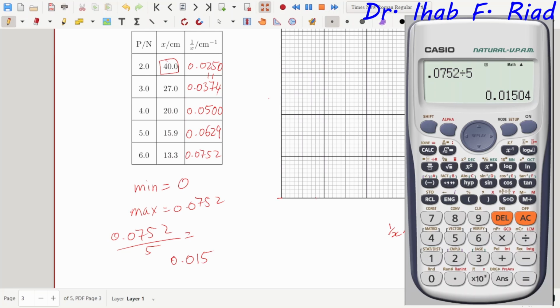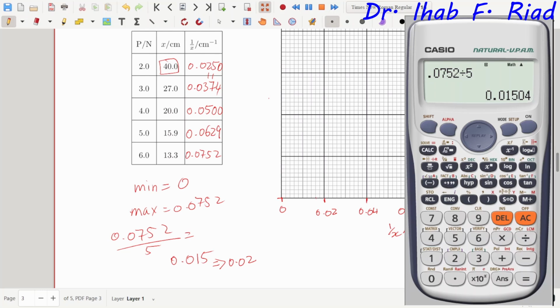So this is on the x-axis. Going 0.015 is not a good scale. The next best scale to go is 0.02. So 0, 0.02, 0.04, 0.06, 0.08.